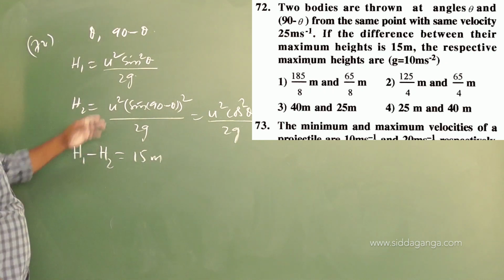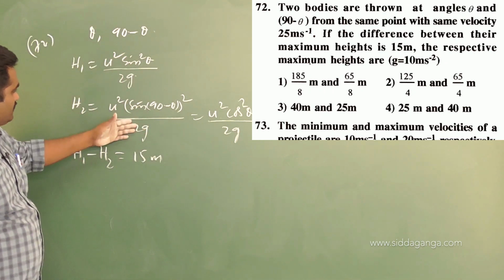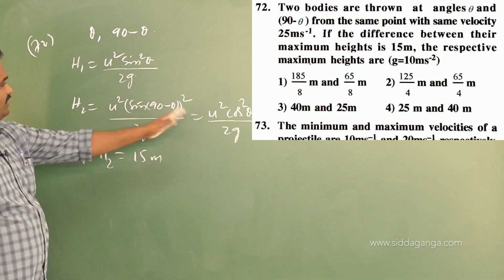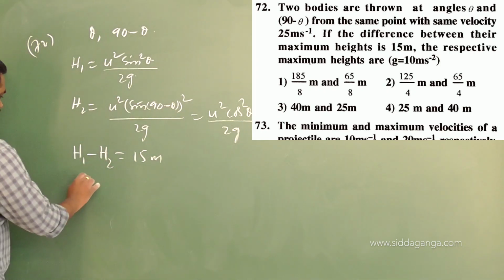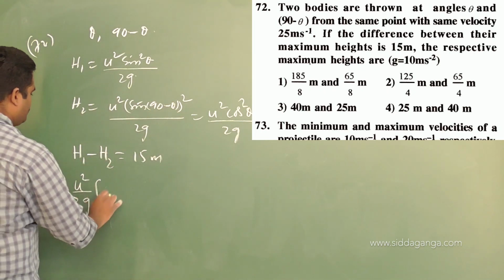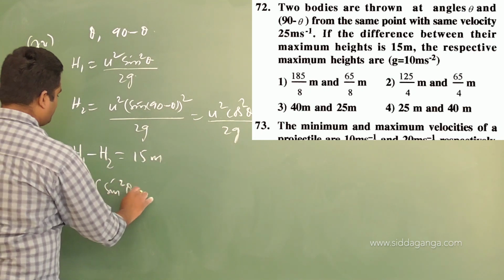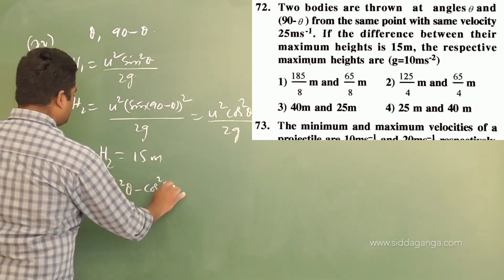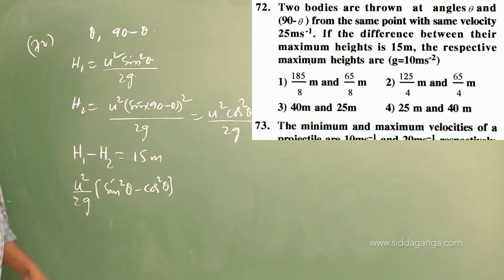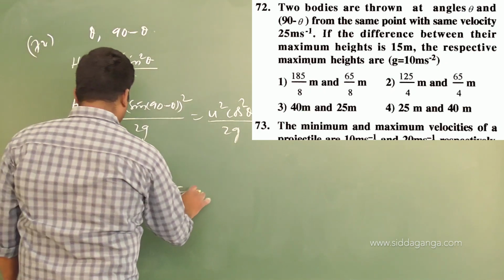Just substitute for these two values now: u square by 2g into sin square theta minus cos square theta. So this value will be equal to how much they are given?